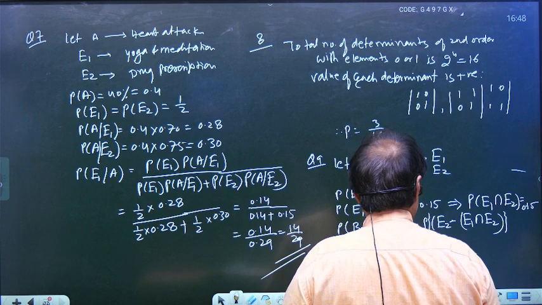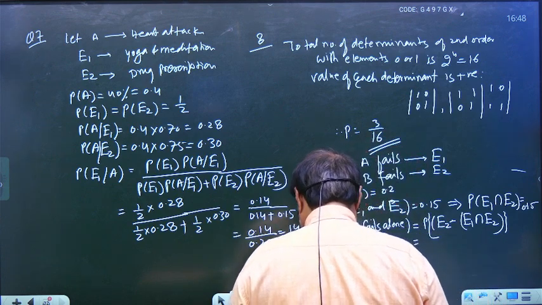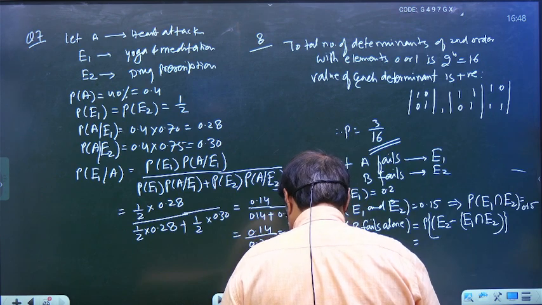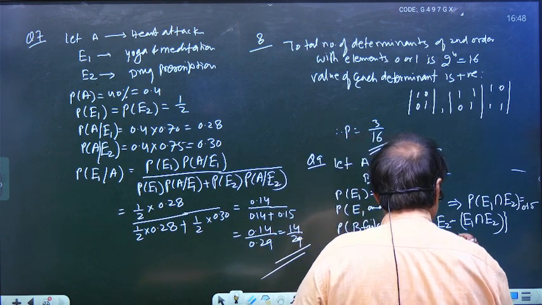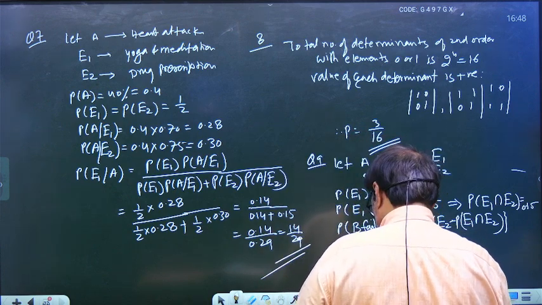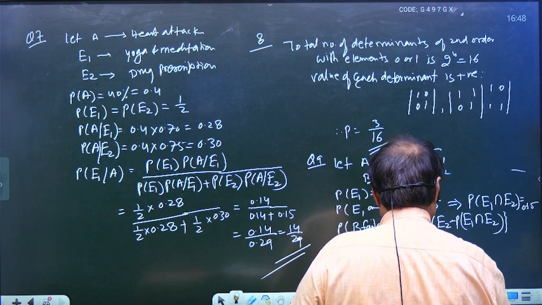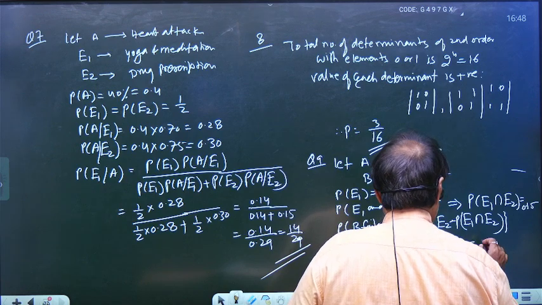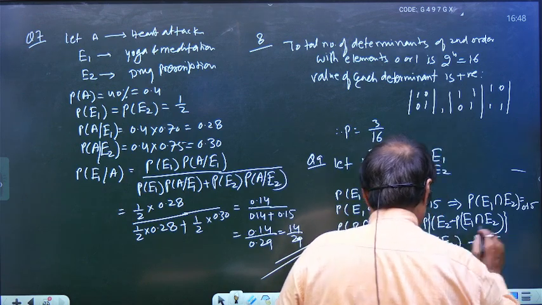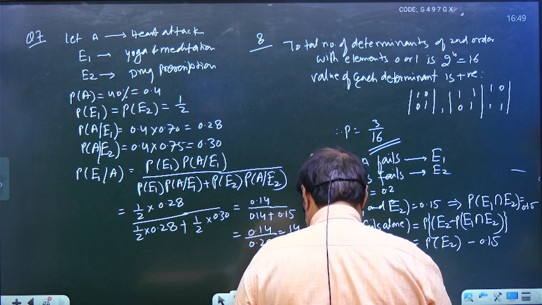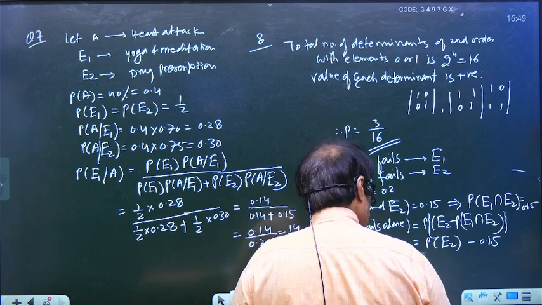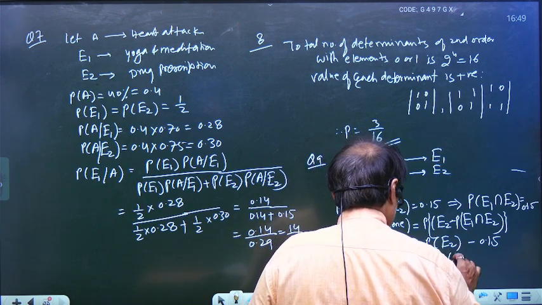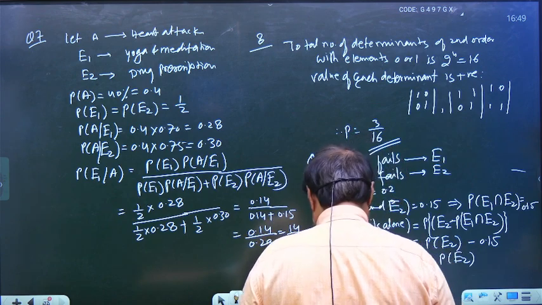This is given. And probability of E2, this we have to find, minus 0.15, this is given. So this is equal to 0.3, that is probability of E2.